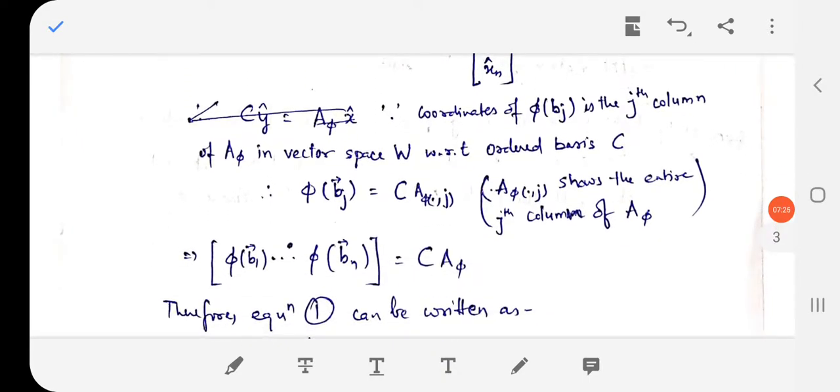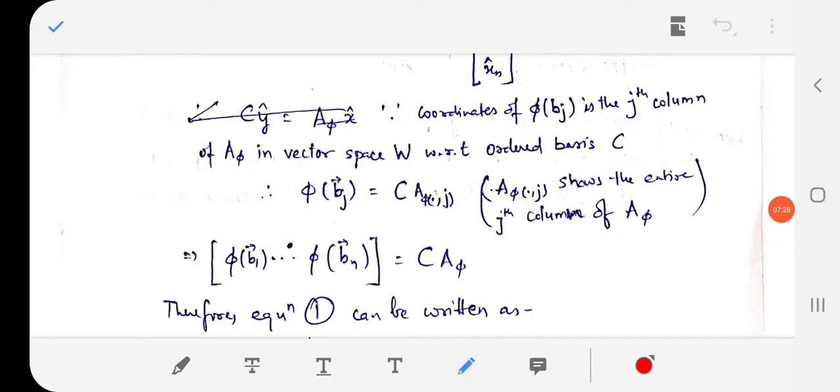Similarly, phi bj can also be written like this, because phi bj is nothing but some element or some vector in the vector space W. So every element of V will be mapped to W with the help of this mapping.